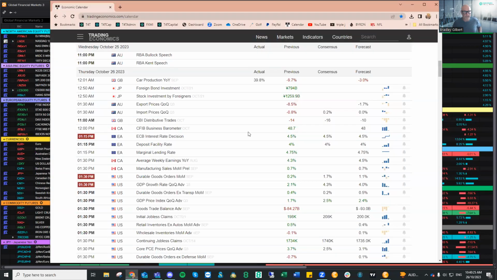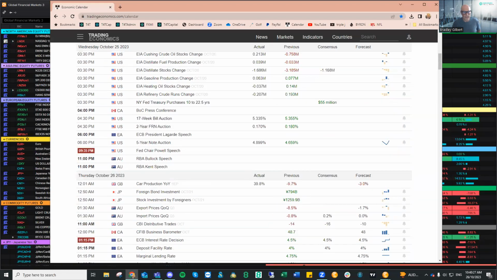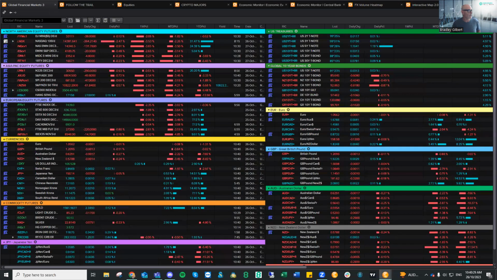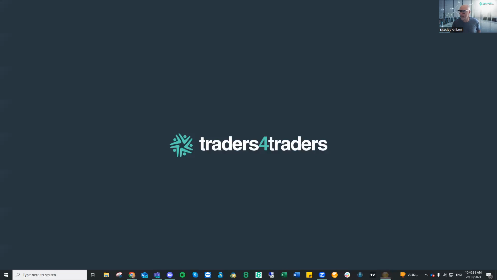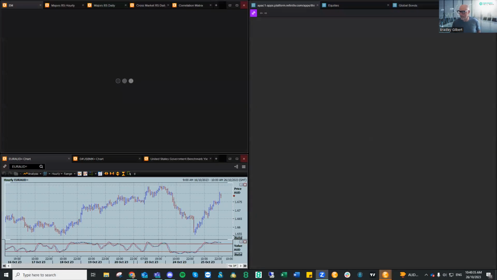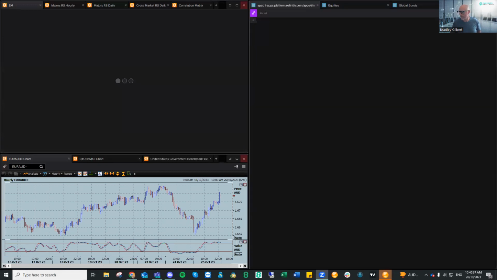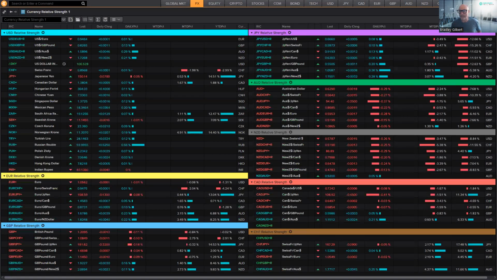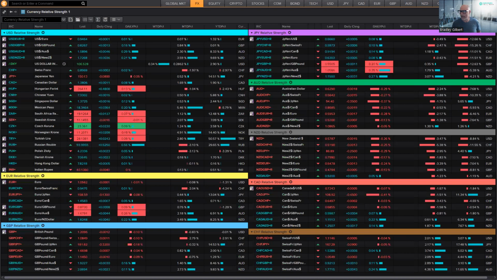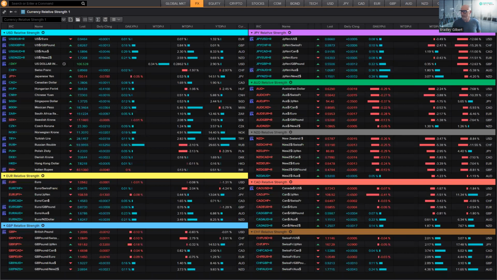All right, let me come back across to one other thing. Looking at the main pages here, I'm on screen 2. When you have a template like this currency template, I can just get the pen up. Having a look across the board, it allows you to see very clearly what the dollar is doing. The dollar is generally going up against everything.